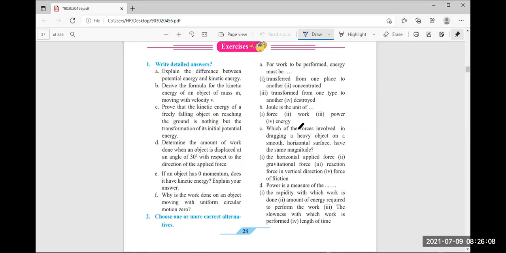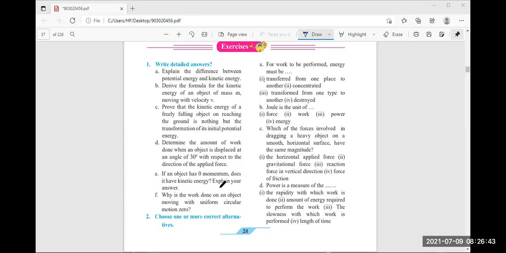Now, joule is the unit of... Samruddhi Katori, can you tell? Work and energy. Patel Darshita, work and energy. Ayer Sayadri, work and energy. Then Om Chalak, Sarthak Chalak, work.